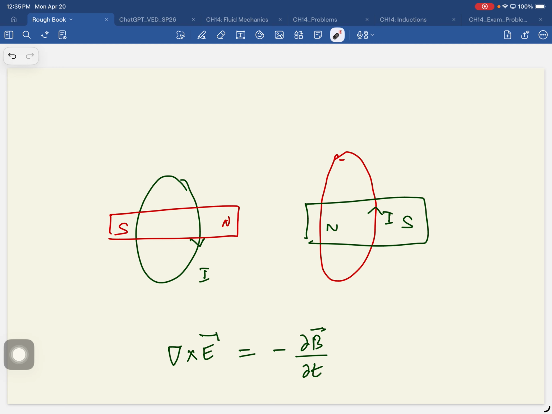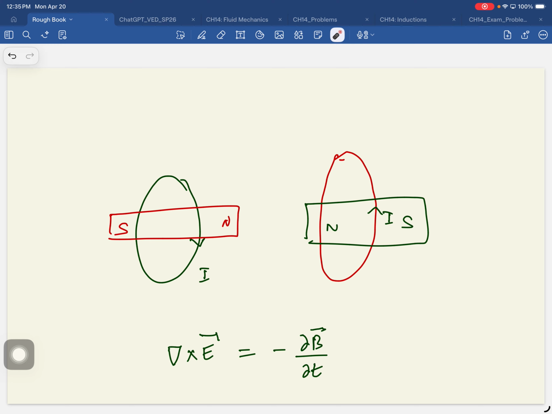So changing current changed the magnetic field, which induced a current in this sensing coil. A lot of applications we see are based on that. Changing currents change the magnetic field, which will induce an electric field here, which will induce this current.